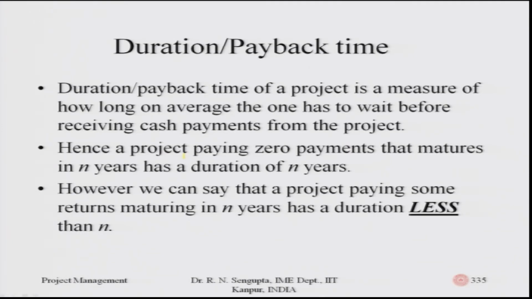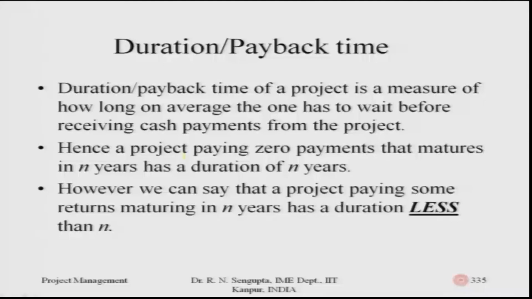The longer the duration, the longer it will take, such that the project may not be feasible at all, because if it takes a long time to get back the money I have invested, it is not worthwhile to decide to invest in that project. Hence, a project paying zero payments that matures in n years has a duration of n years. I will discuss that with the formula within another minute, which will come in the 336th slide.